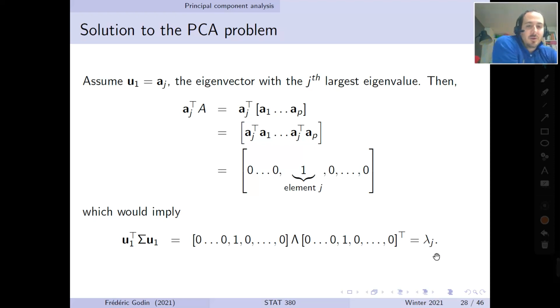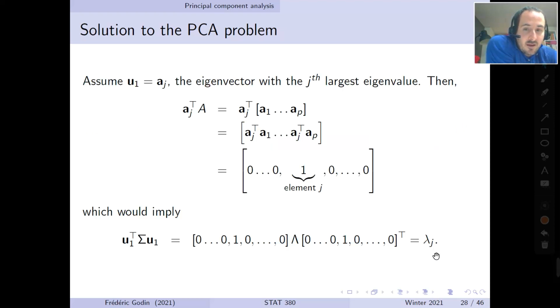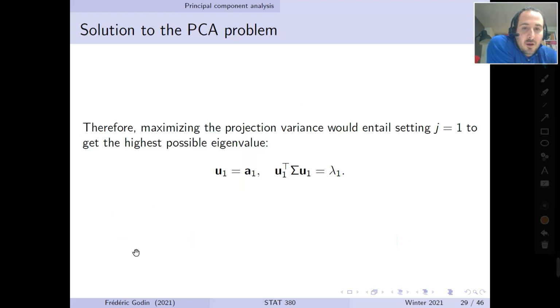So j equal to 1 maximizes this, and the associated eigenvector would be a1. Setting j equal to 1 yields the highest possible eigenvalue, so the highest possible sample variance of projection length of data points on u1.